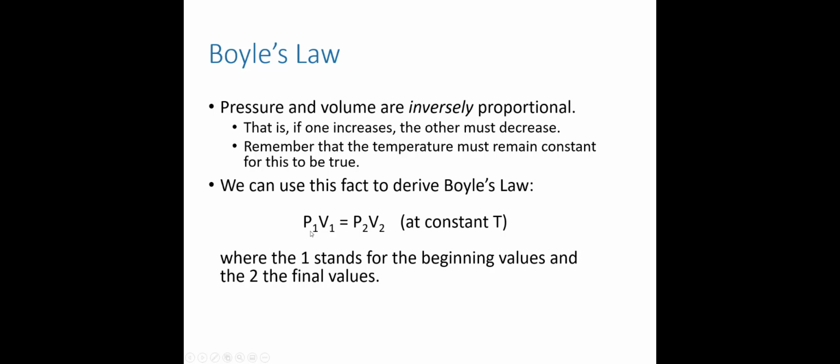So at the beginning of the experiment, P1 is the beginning pressure, V1 is the beginning volume, and then 2's just mean at the end. So the final pressure and the final volume. And we are assuming one more time constant temperature, and since this is a sealed container, we're also assuming a constant amount. No gas can get in or get out.